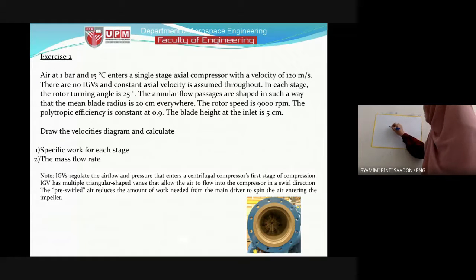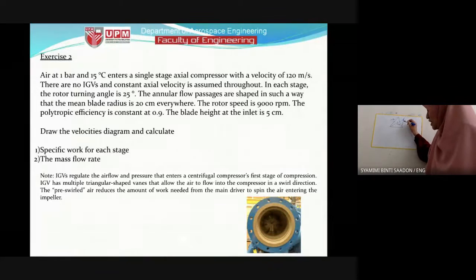Okay. Velocity triangle of this exercise example. The velocity triangle is like this. So this is W1, this is W2.